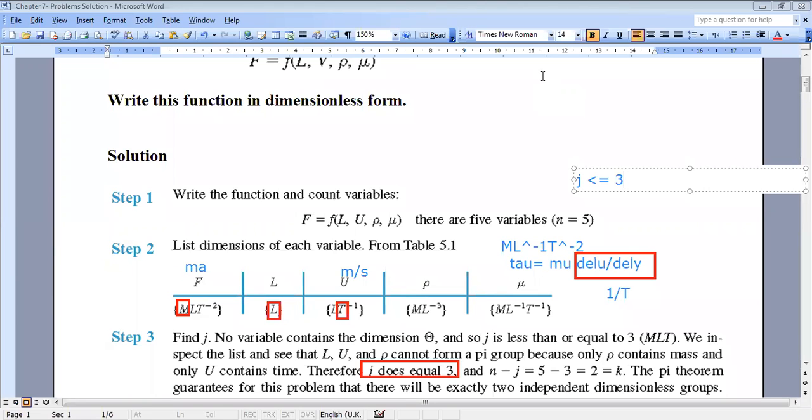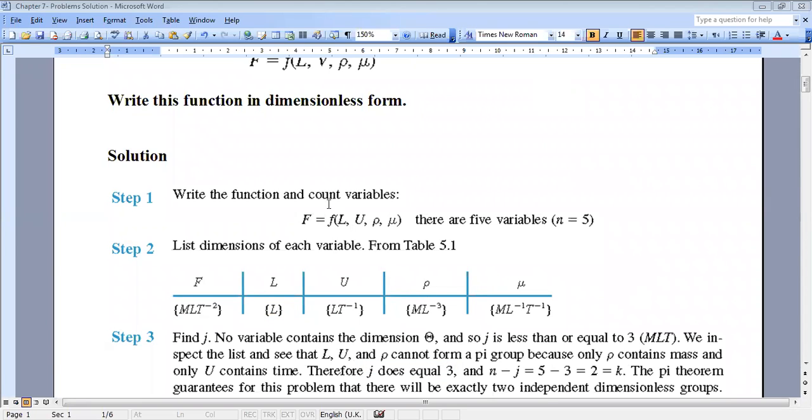For example, let us look at our variables. If I choose these 3, rho, u, l, who can tell me why it's impossible for them to form one group? Because the condition of a group is that when you combine them with certain exponents for L, U, and rho, you get a total dimension of 1. Why is it not possible here? Because the variable M is only present in rho.